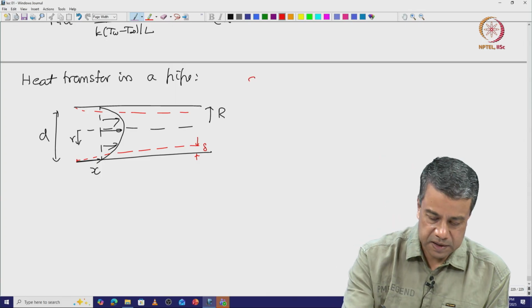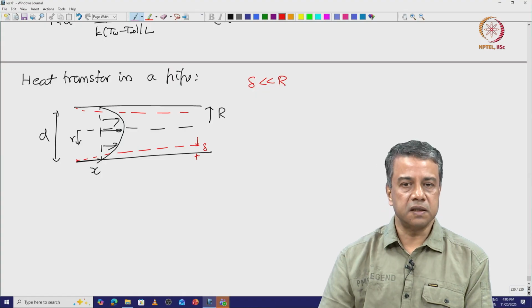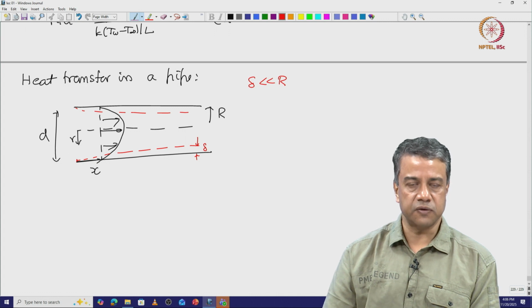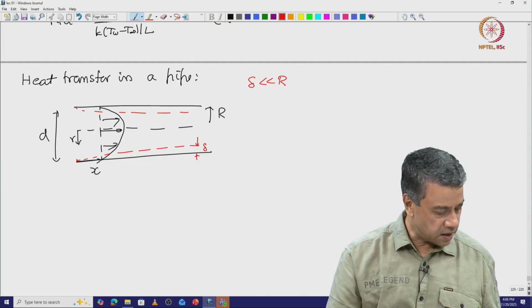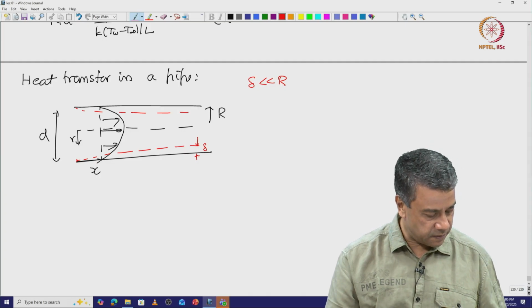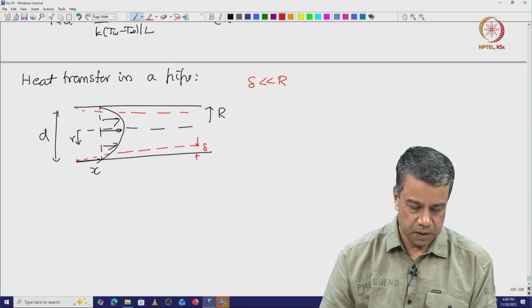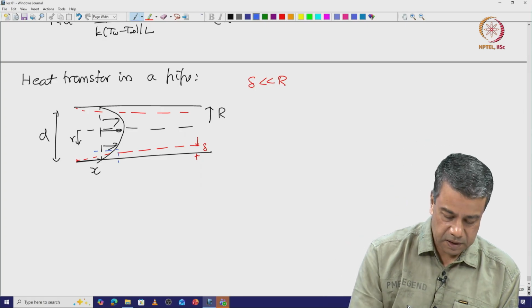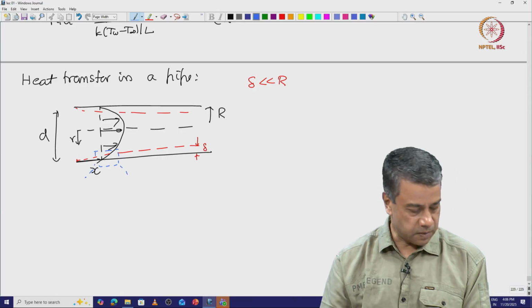Provided that the length scale delta is much smaller than the radius of the pipe, I can still assume that it is diffusion into an infinite medium, and use the same calculation for the temperature profile and the heat flux that I had for the diffusion into an infinite medium. Okay. Only thing is that I have to take into account the velocity gradient at the wall of the pipe while I am calculating my Nusselt number correlation.